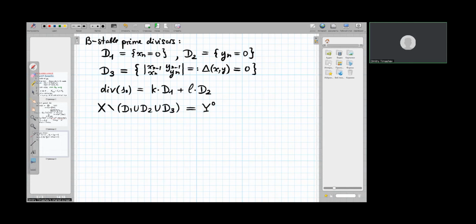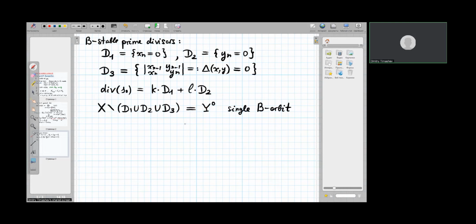So the claim is that this complement is a single B orbit. Of course, it is open because it is a complement to a union of finitely many divisors. The claim is that it is a single B orbit. It is quite easy to see it. Let me prove it, because I want this example to be absolutely clear to all of you.